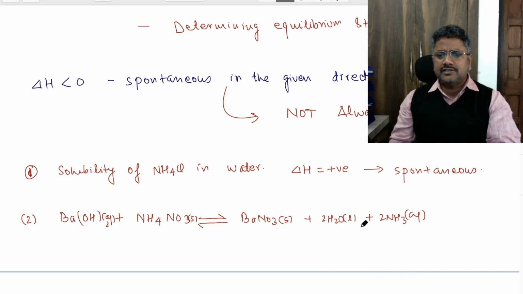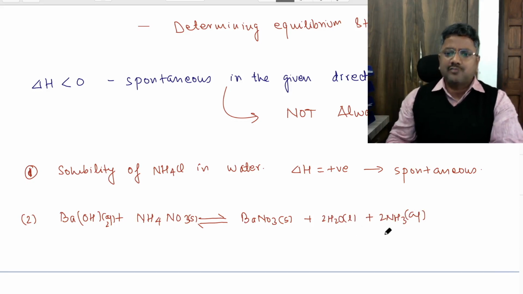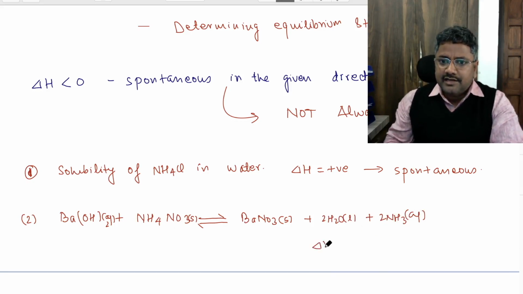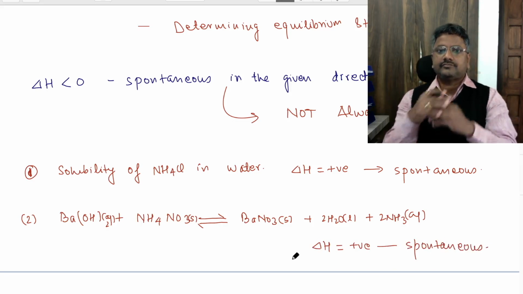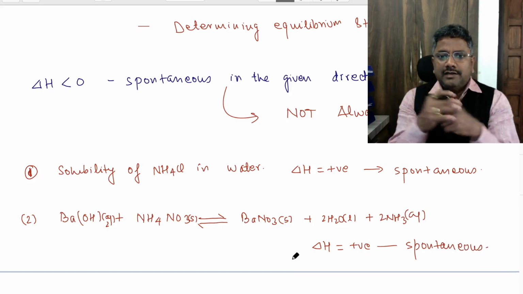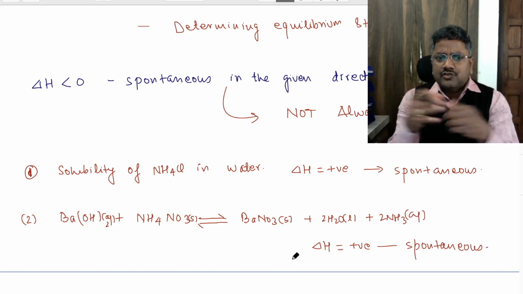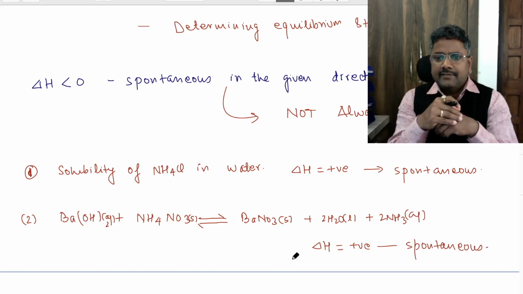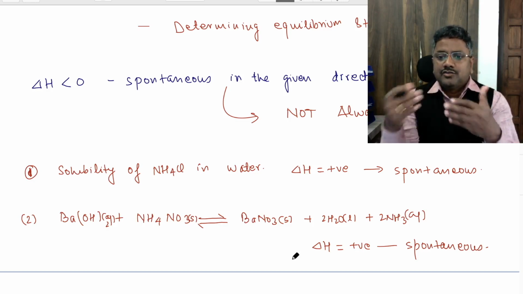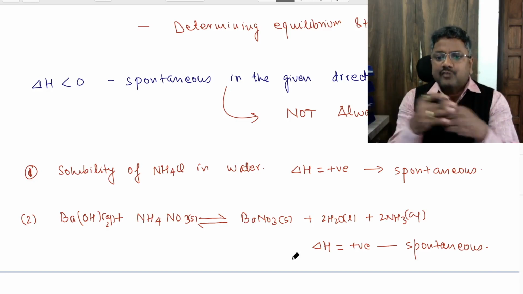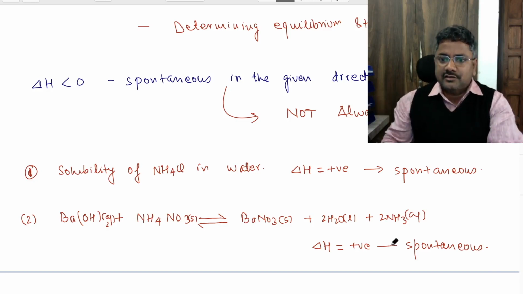See, this reaction is so fast and spontaneous despite delta H being positive here, and this is spontaneous, right? So there are so many reactions for which delta H is positive, and they are spontaneous in the given direction.